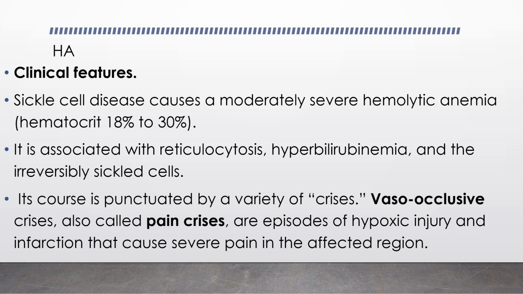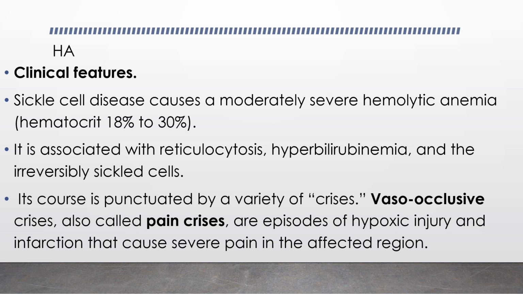It causes a moderate or moderately severe anemia, with an 18 to 30% hematocrit; it should be over 40%. Reticulocytosis, yes. Hyperbilirubinemia, because hemoglobin is lost, as in any kind of anemia. Irreversibly sickled cells. Crisis: vaso-occlusive crisis, pain crisis.